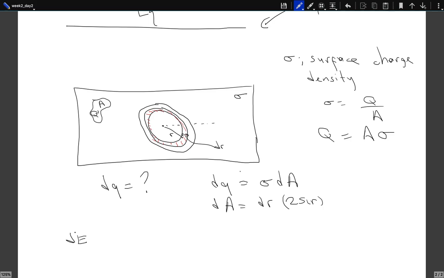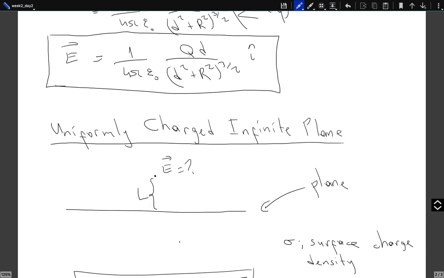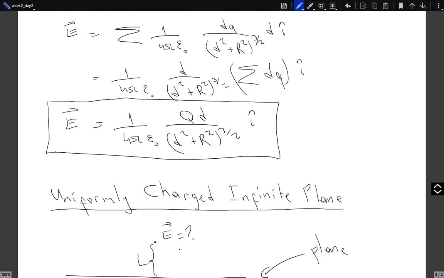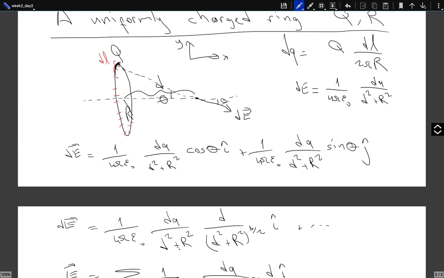Then I can write the electric field created by that red ring. This will be 1 over 4 pi epsilon 0. The charge is sigma times 2 pi r times dr. This is the charge. Let's see what else we have. In the previous problem, we had defined d as the distance of my point from the center of the ring.